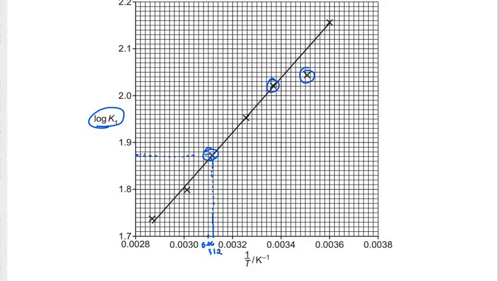That's how I find out. And so the x-axis value is 0.00312, and on the y-axis, if we find out here we end up, and so if it's 1.8 to 1.9, then I would say it is 1.875. This is how I would write it, 1.875. So this is log K1.